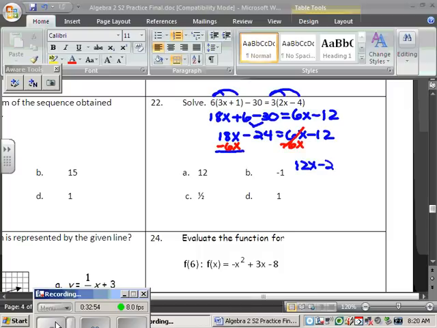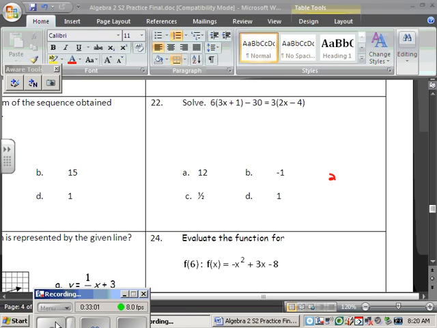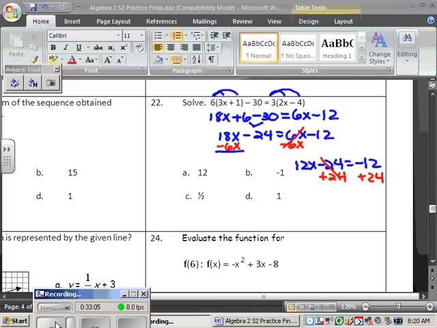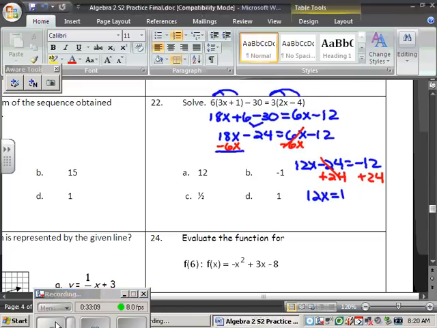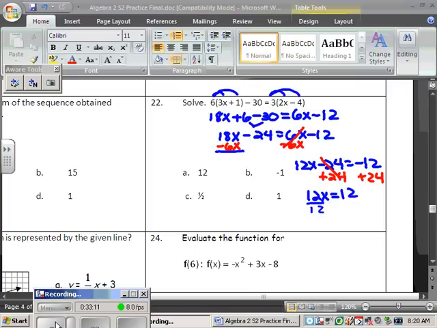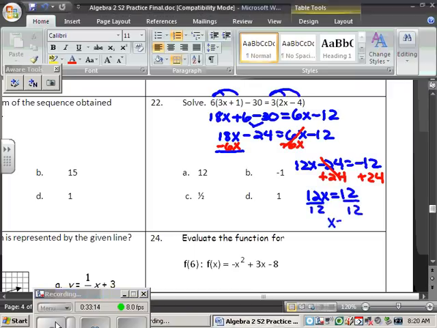I still have the minus 24, and now I have equals negative 12. And then move your constants to the right. So we'll add the 24 to the right. That gives me 12x equals 12. And then just divide by 12 and you have your answer. So x equals 1.